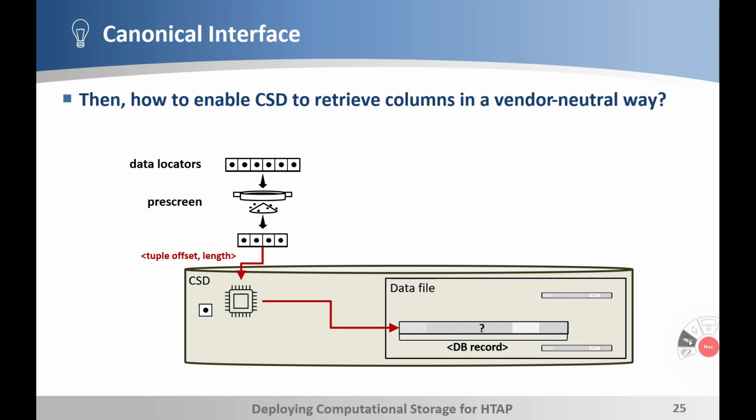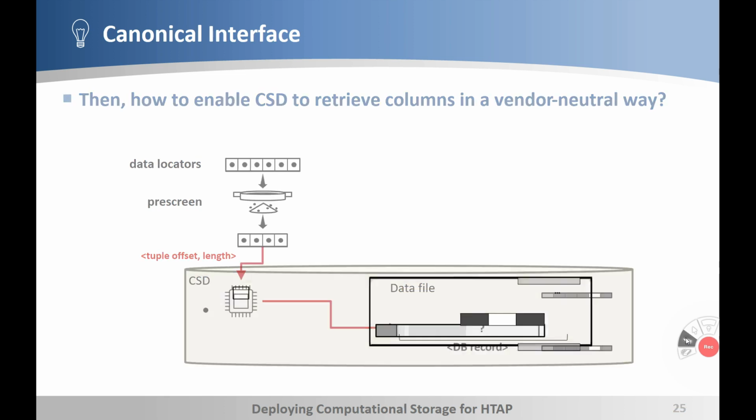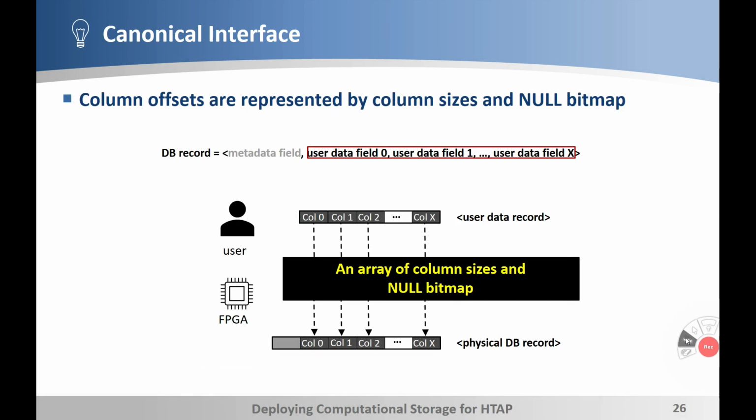And after locating a tuple, CSD should find out locations of target columns. We want CSD to be able to calculate column offsets without understanding vendor-specific layouts. Our canonical interface achieves this by representing column offsets using an array of column sizes and a null bitmap and passes them to CSD.